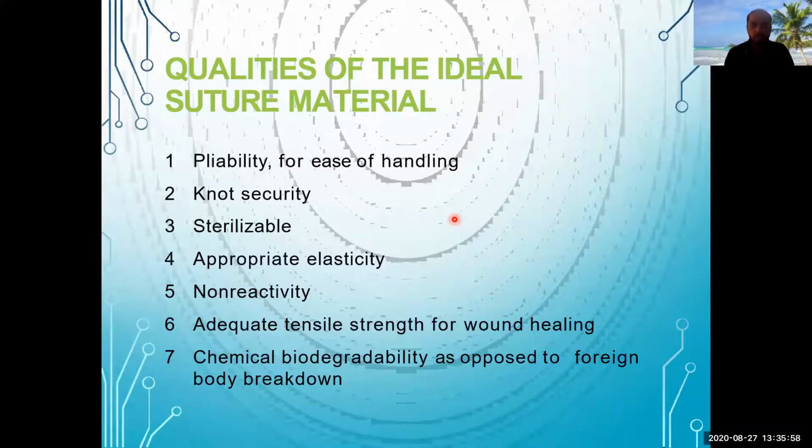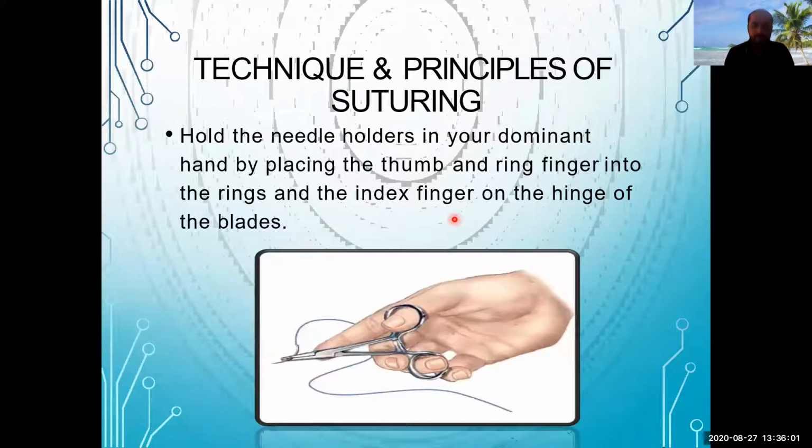We have also discussed the technique of suturing, how to hold this. See, that person is using his thumb and ring finger, and the middle finger and index finger are for support. This is the ideal way of holding the needle holder, and also the scissors. This gives him the control.